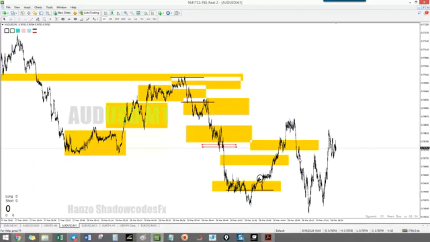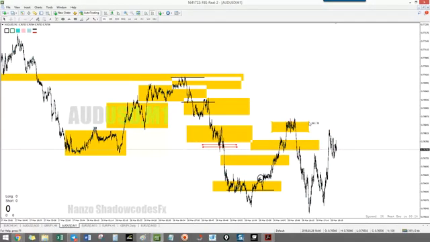After the structure breaker, it will retest back. This is also a structure breaker, but you will not have an entry there. You can also have a fake out over here. Sometimes there is a fake out over here, and then you will enter here.